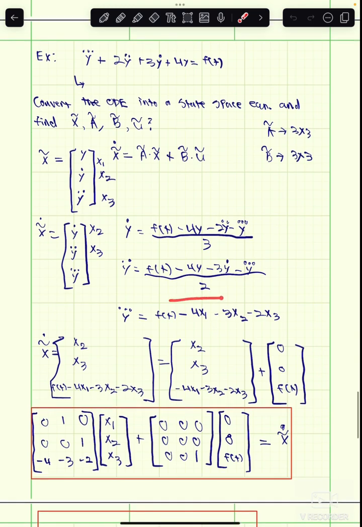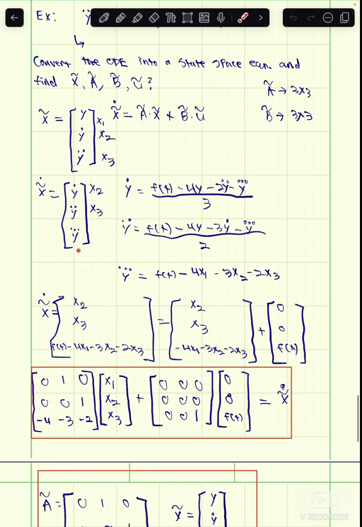Then we simply plug this into the x tilde dot vector to produce this vector. This vector right here is identical to this one. It is simply replaced y dot with x2, y double dot with x3, and y triple dot with this equation.